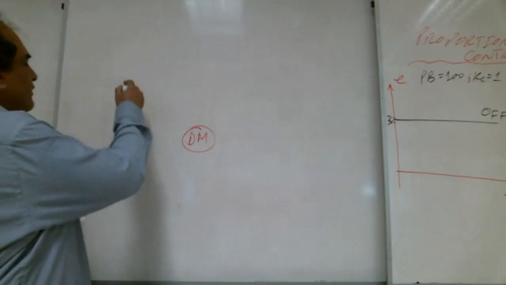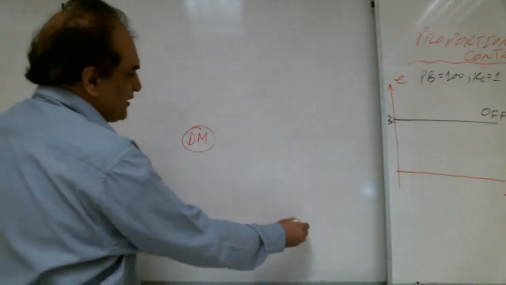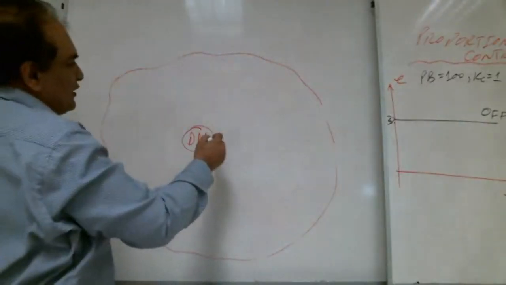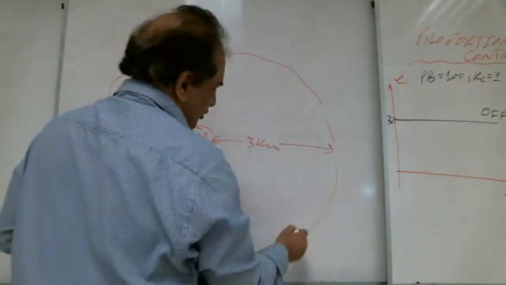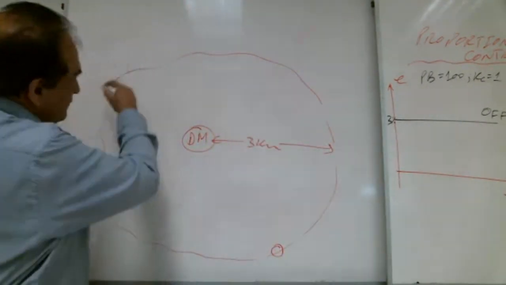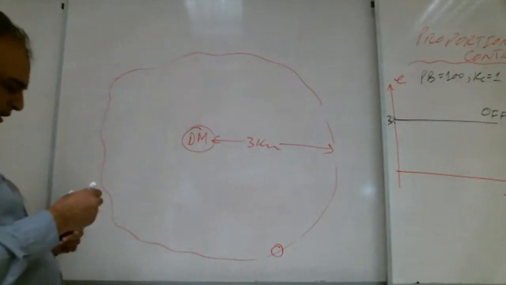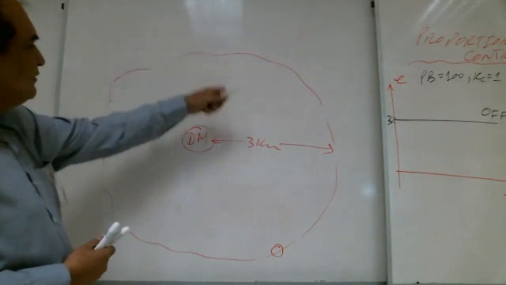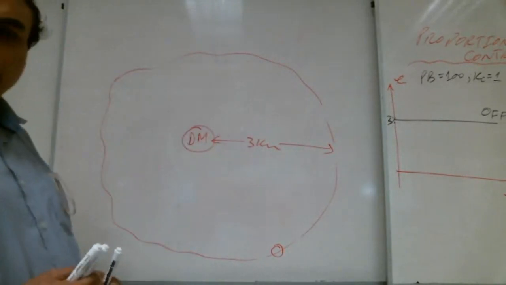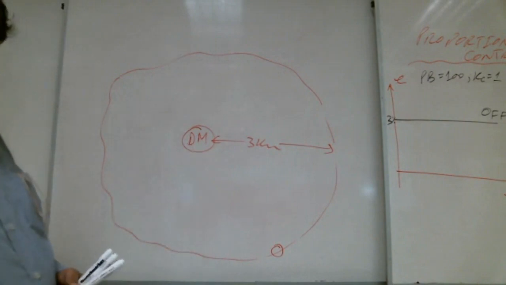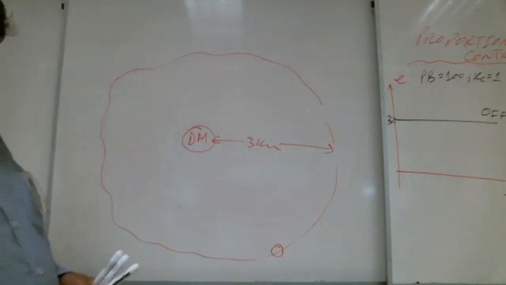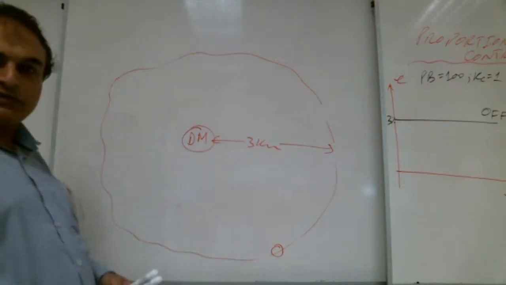Now, if the error is 3 kilometers constant, so you are somewhere here, always in a circle around the Dhahran Mall. So can you reach the Dhahran Mall with the constant error?